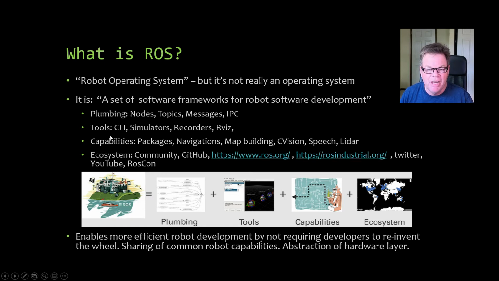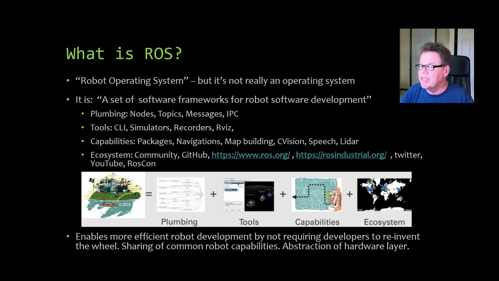And then finally, ROS is also an ecosystem, so it's a community. A lot of the packages are open source and available on GitHub, so people can work on packages and capabilities together.